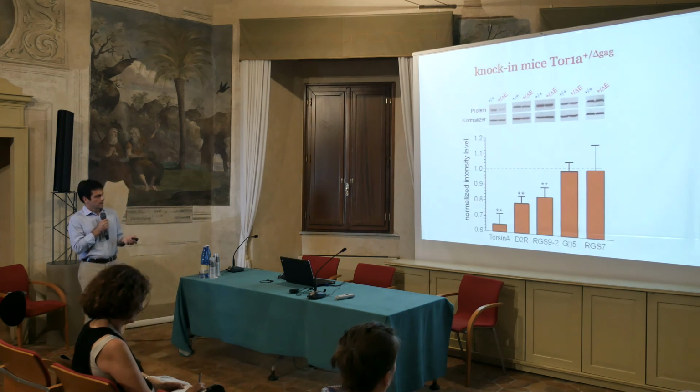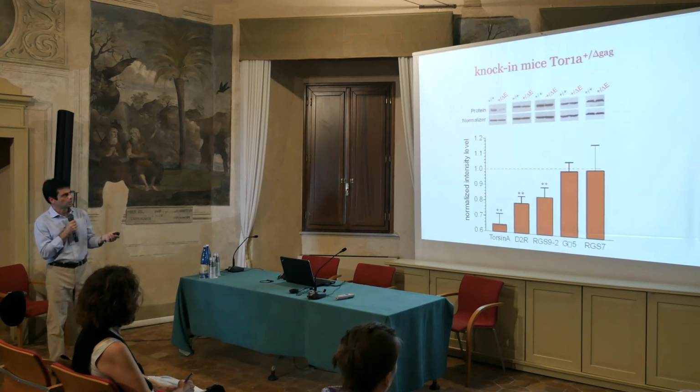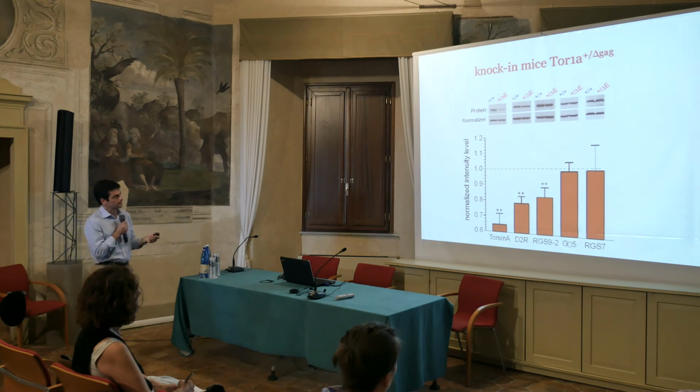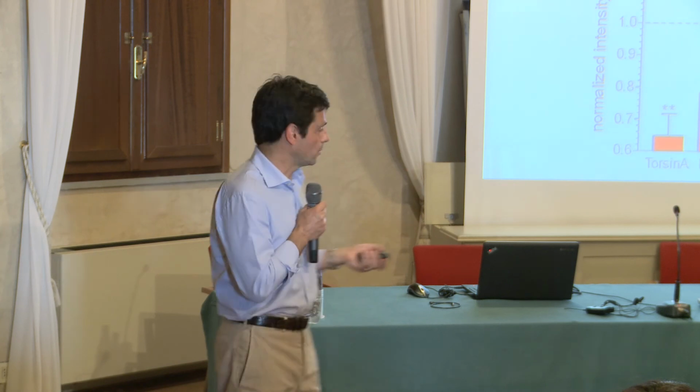And these were transgenic mice, a transgenic model overexpressing mutant torsin A, and then we shifted to knock-in mice, a more physiological, more reliable model.